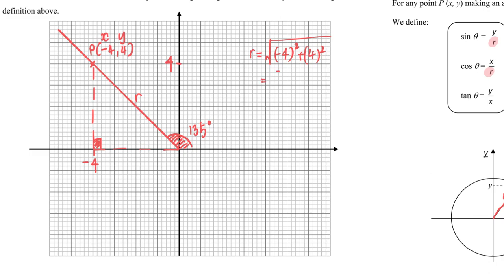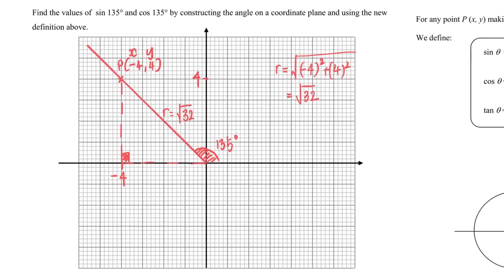This will be equals to square root 32. Notice that at this point, I leave my answer as square root 32 because that is for convenience sake, okay? So now we are all ready.